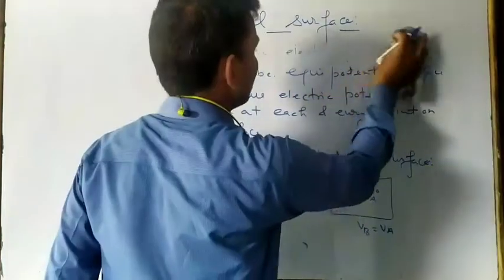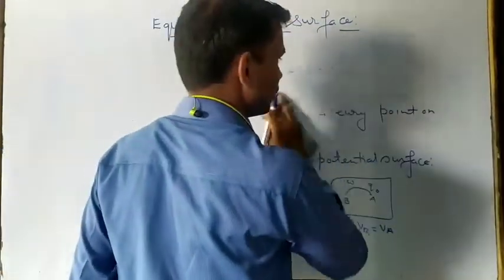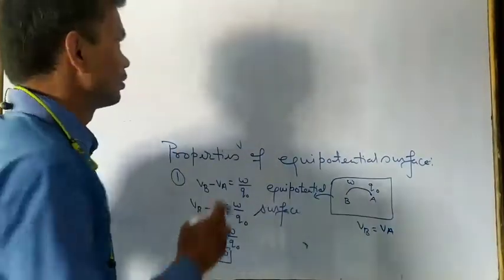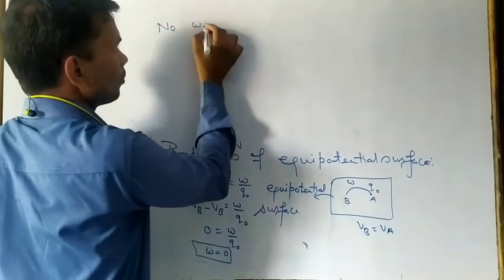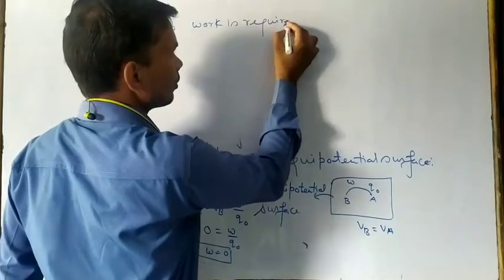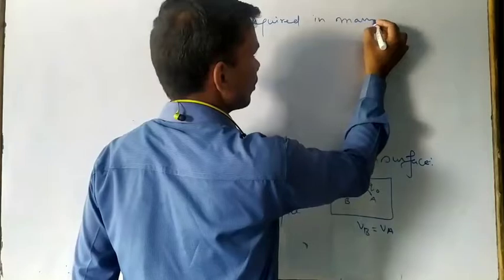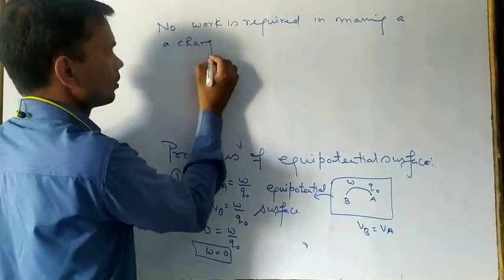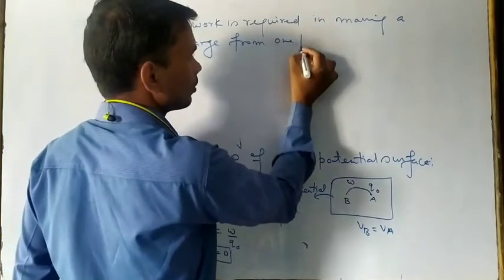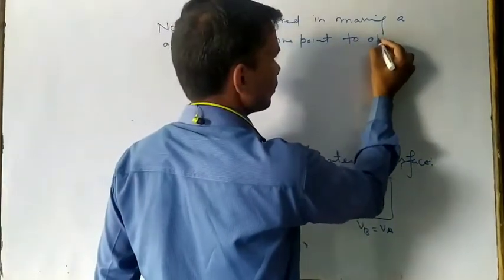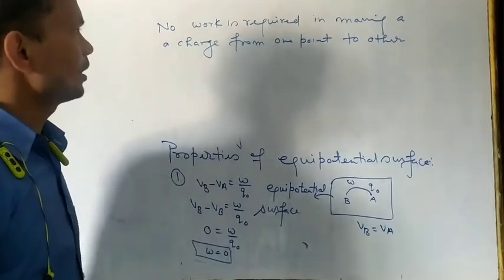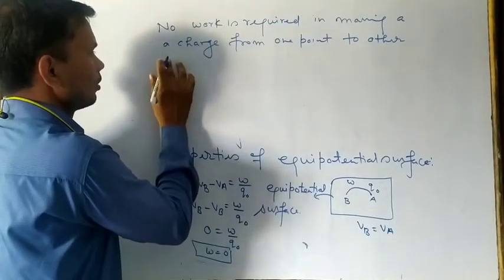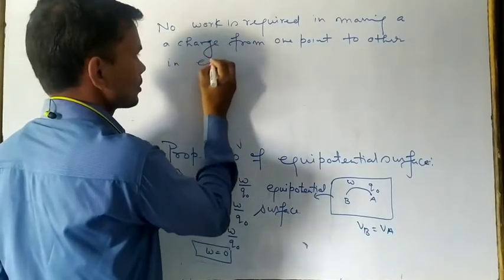So from this what is the result? No work is required in moving a charge, a unit positive charge or any charge, from one point to another in an equipotential surface.